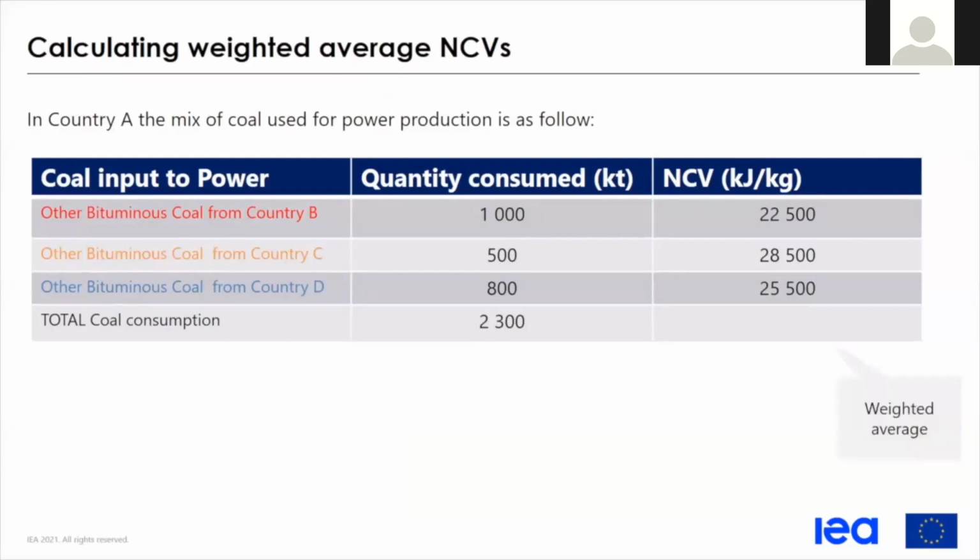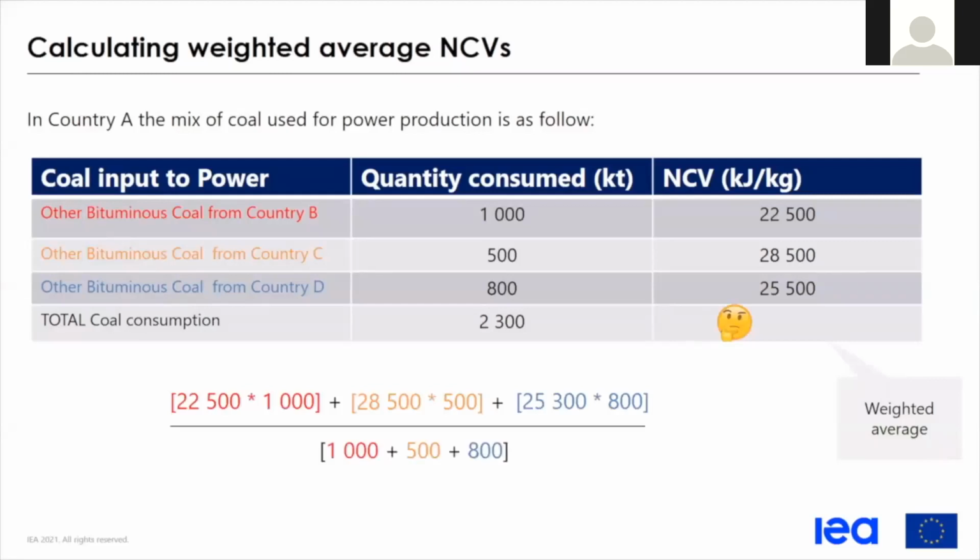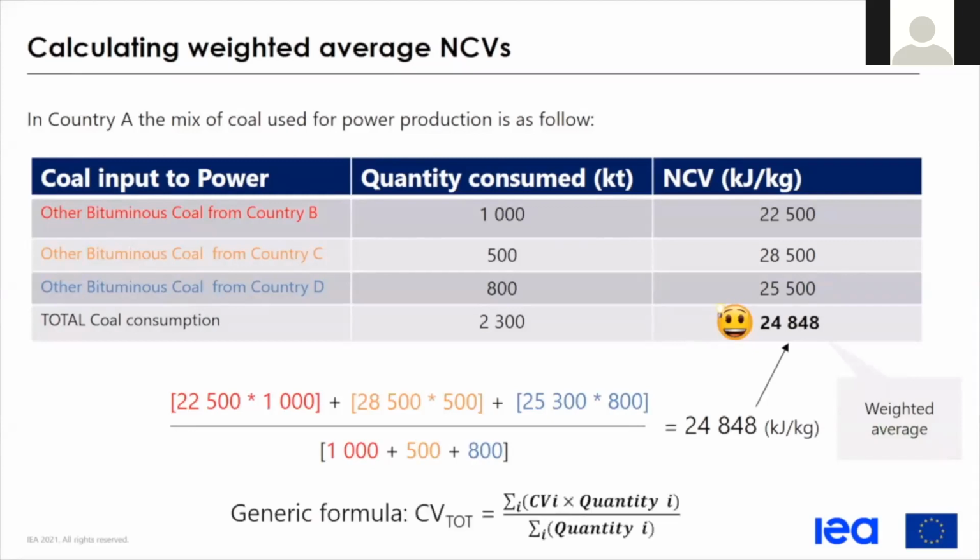As a reminder, to calculate the weighted average, you multiply the calorific value by the respective quantity consumed, you sum those elements and divide by the total quantity consumed, and you obtain the average net calorific value that will be used for your total coal consumption reported in your energy statistics. This can apply, of course, to any other energy commodities that you will be using in your datasets.